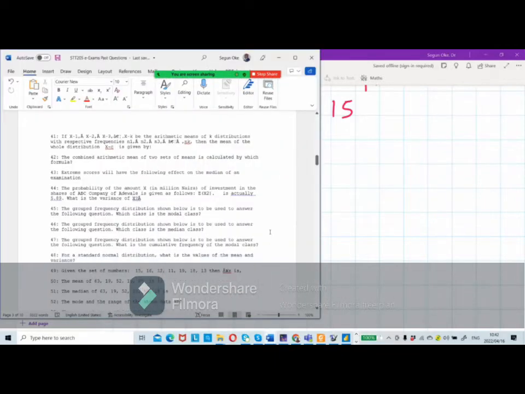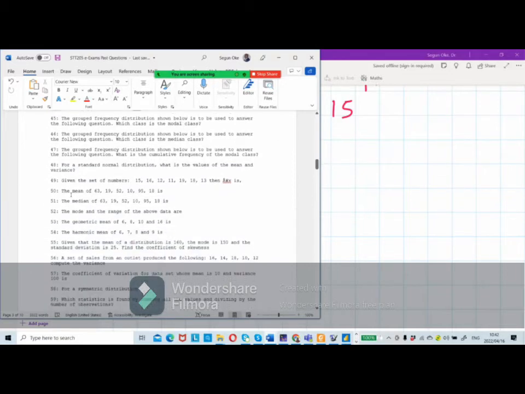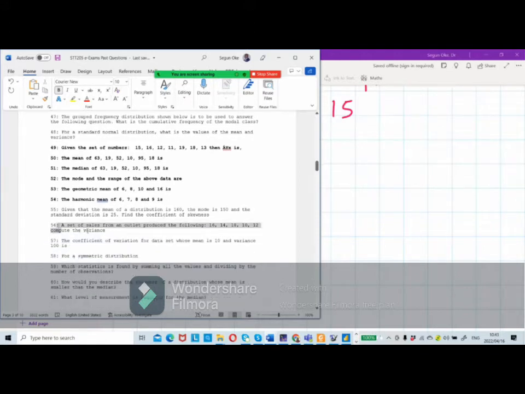I have one of the questions here. Look at the way they do it. You were given a data set. They asked you to find the mean, median, mode, range of the data, geometric mean of the data, harmonic mean of the data. Now, look at this question again.